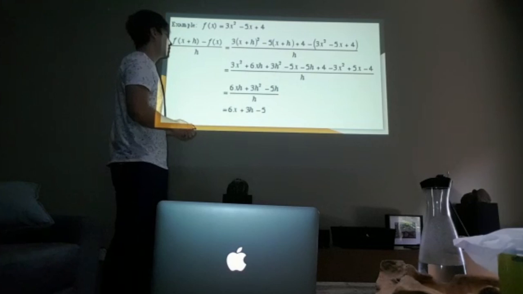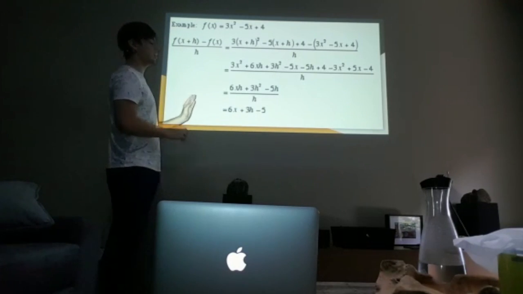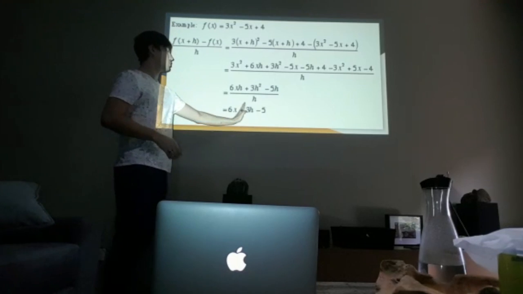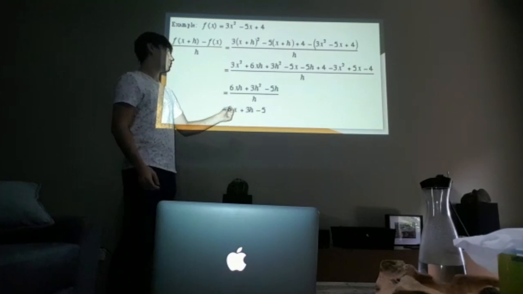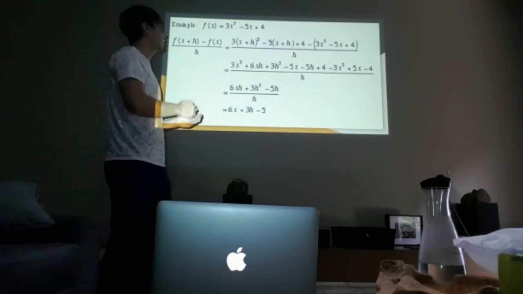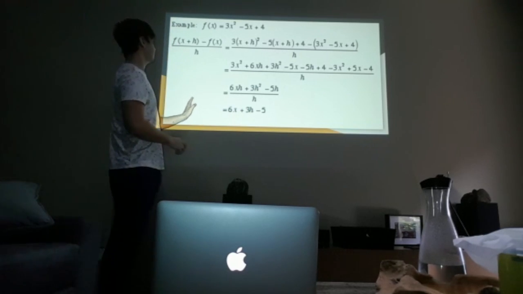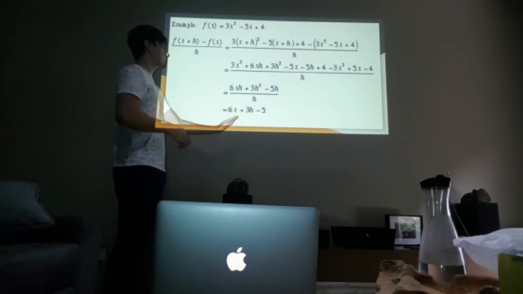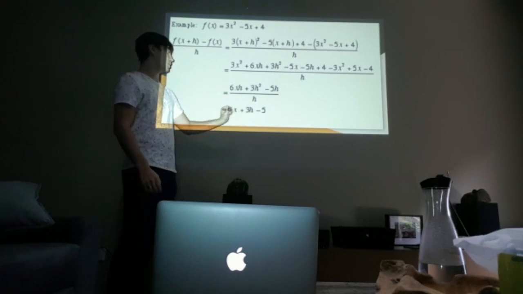But at the time when you get an h, since the formula of tangent says the limit as h approaches 0, you will need to take out the h, because in this case 3 times 0 will be 0.